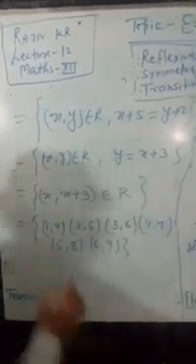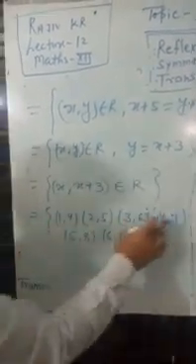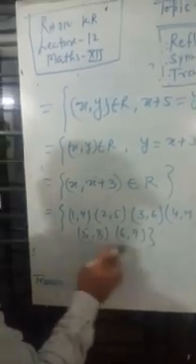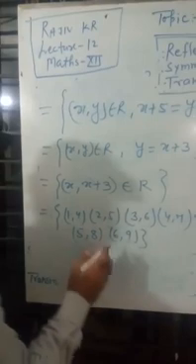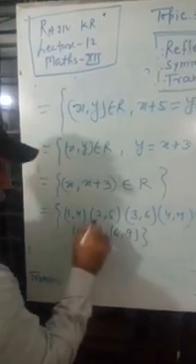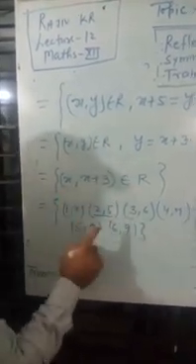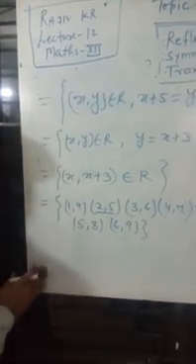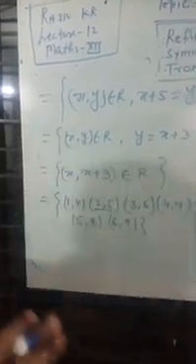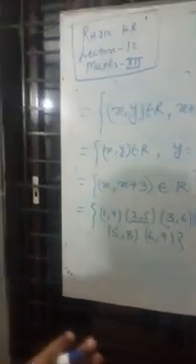Now these ordered pairs come under the equivalence class because (2, 5) is one of the ordered pairs. You can solve the problem to find the equivalence relations and equivalence classes.